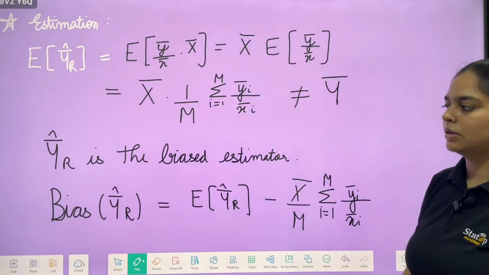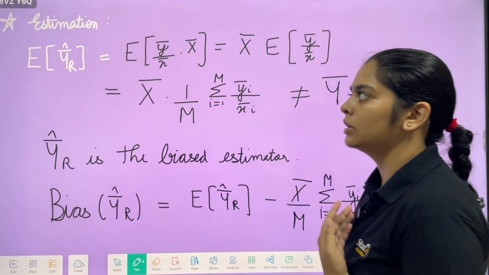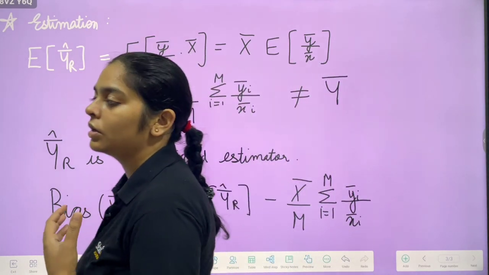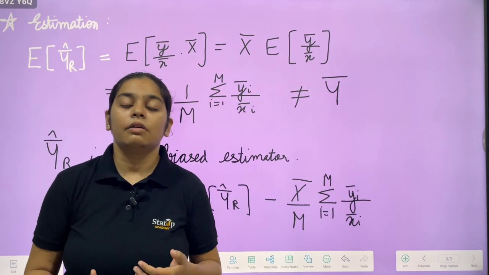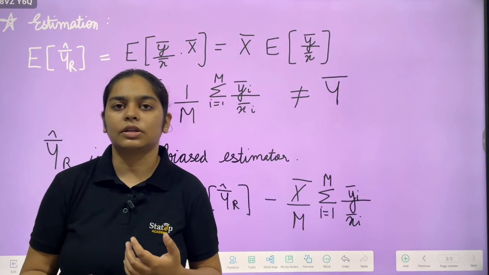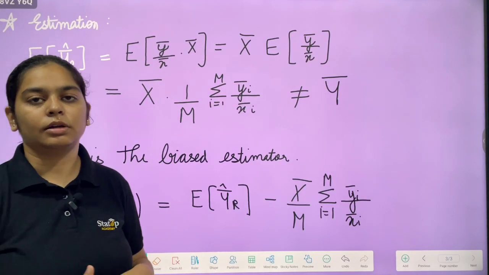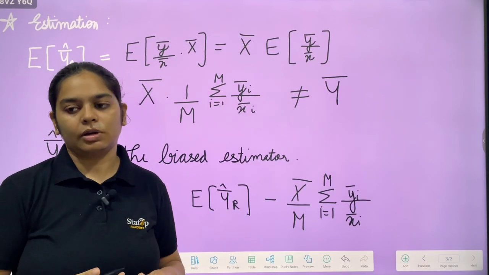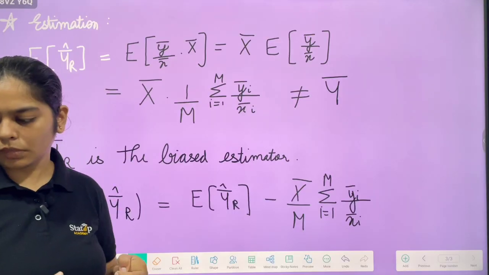So this is the bias. Now we will adjust this ratio estimator such that it becomes an unbiased estimator, because we need that only.